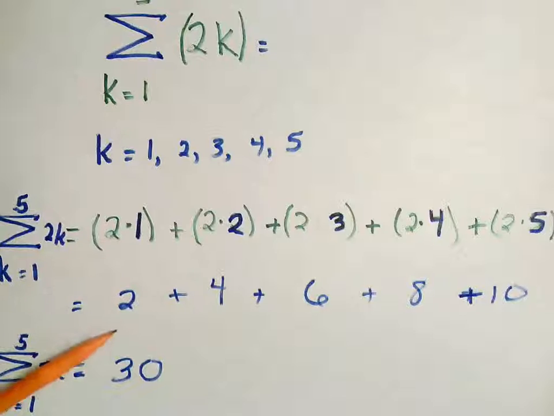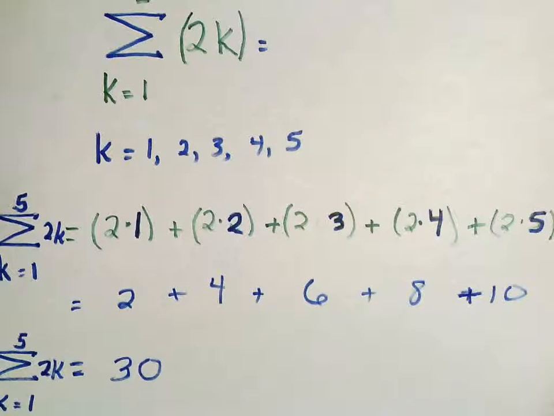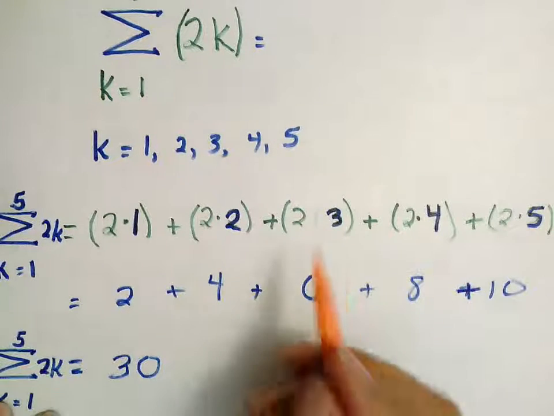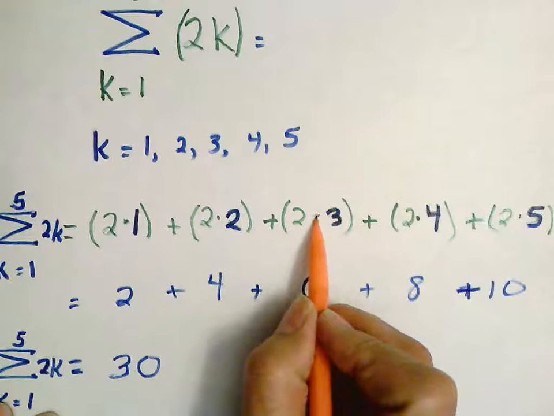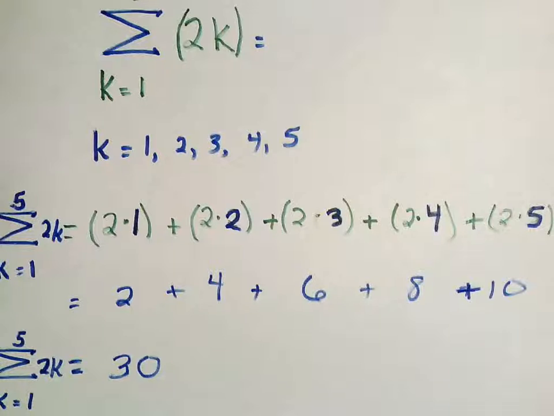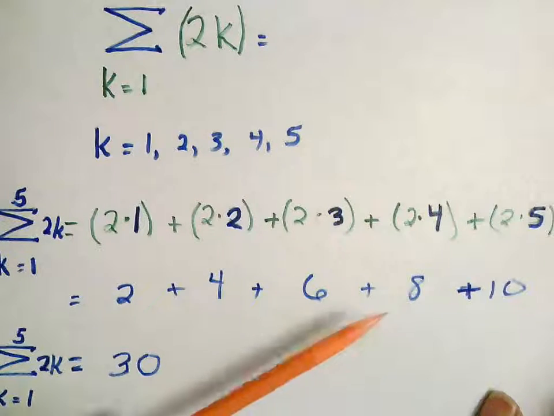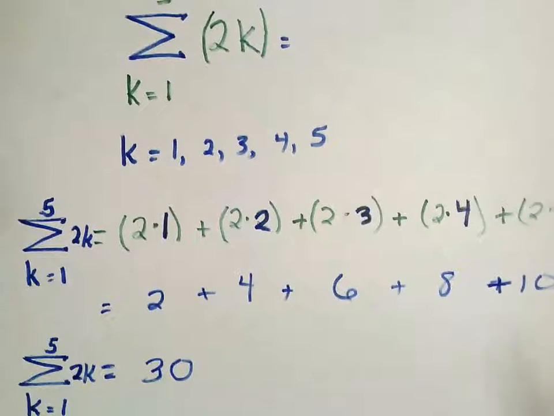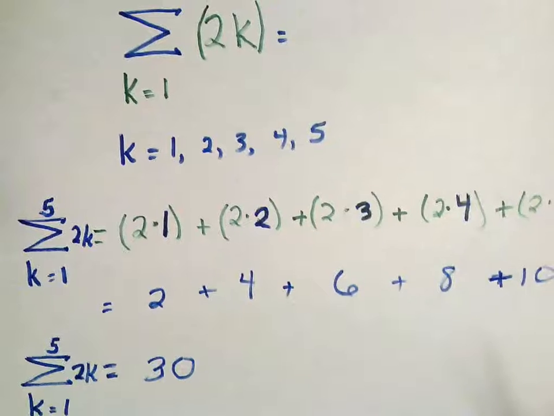And 2 times 1 is 2, 2 times 2 is 4, 2 times 3 is 6, then 2 times 4 is 8, and 2 times 5 is 10. When we add all of this up, we're going to get 30. So the sum of the first five terms of this series is equal to 30. Let's look at another example.